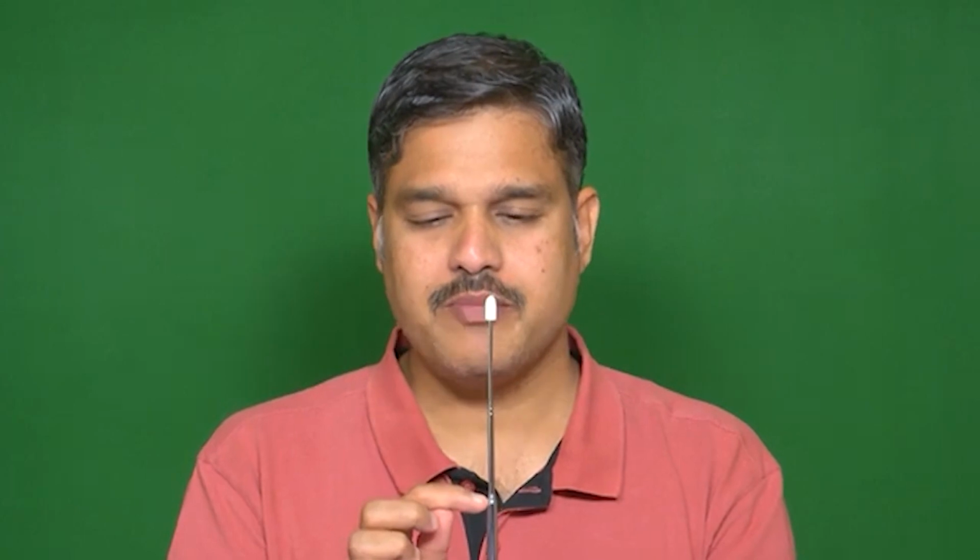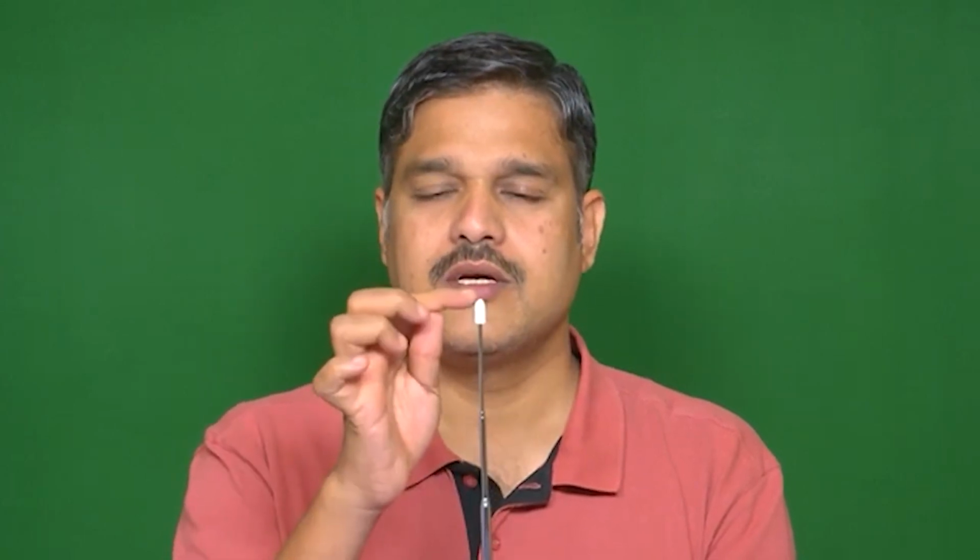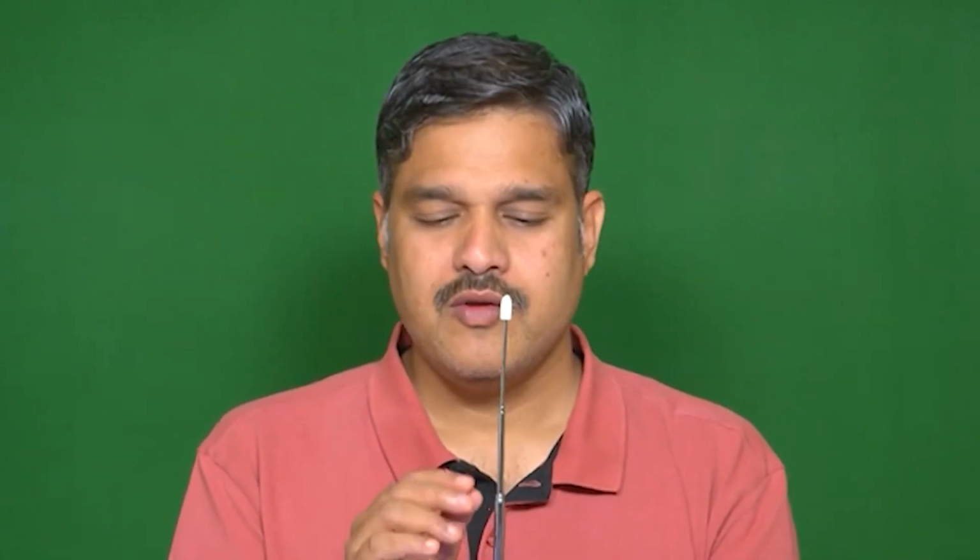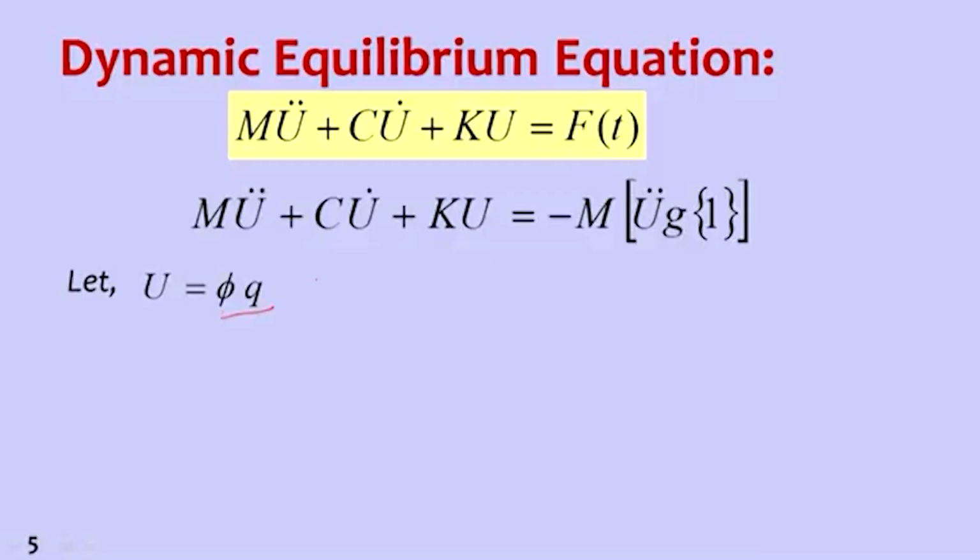So u is the displacement of the entire system, where we are defining displacements at mass 1 point, mass 2 point and mass 3 point. When the system is vibrating because of the action of external forces, we have to tell which location and at what time. So in this equation, u is equal to phi q. Phi is dependent on x, that is location, and q is dependent on time.